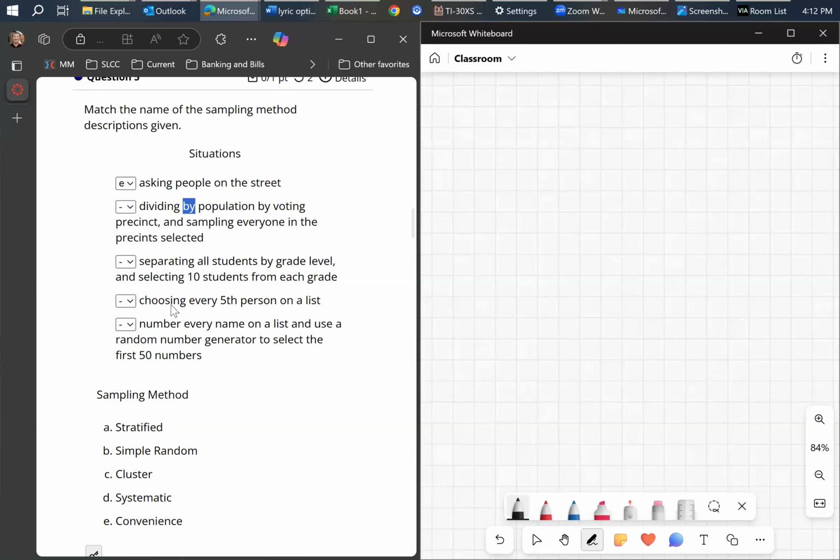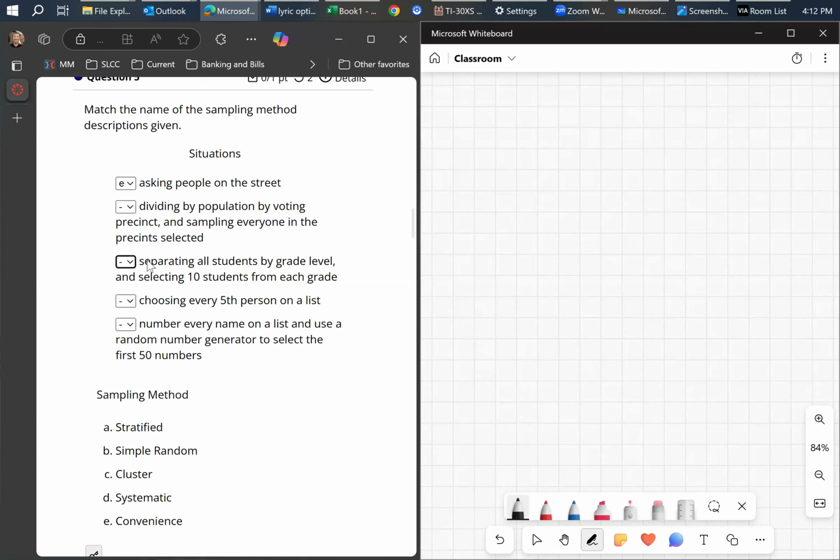Stratified is divide. You divide, you have been stratified. It kind of has a nice ring to it. Divide, stratified, sort of rhymes. So the stratification method is when you divide a population, but there are two of them that have dividing. This one is separating all students as well.